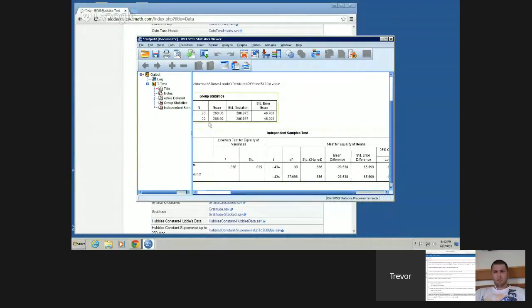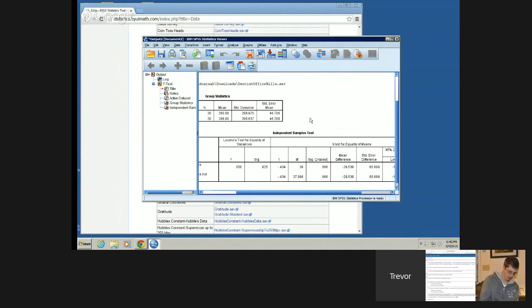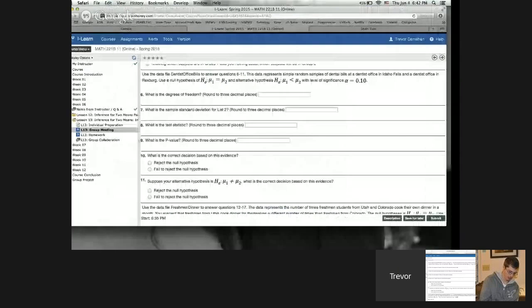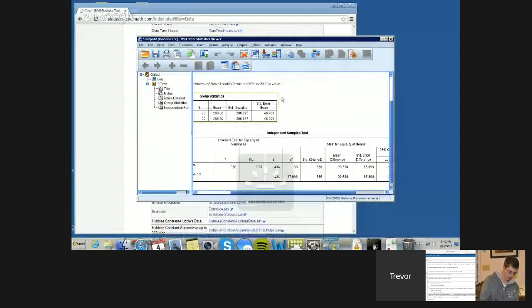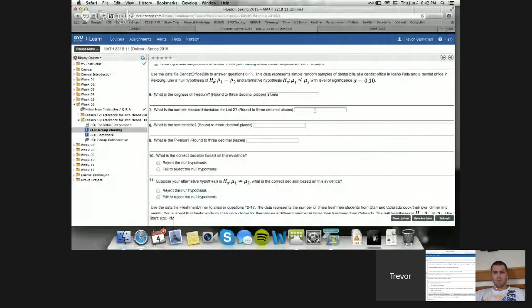What if n is 20? It should give you the degrees of freedom. Did I do it right? Yeah, it gives you the degrees of freedom. So you look at the equal variances not assumed, and so the DF for that, and it's 37.996.